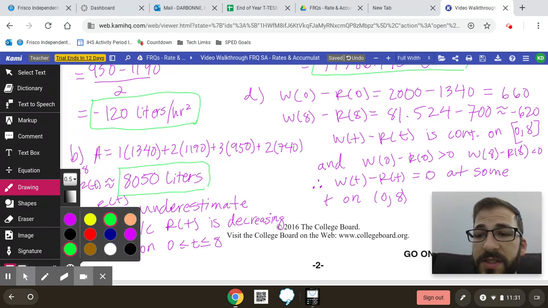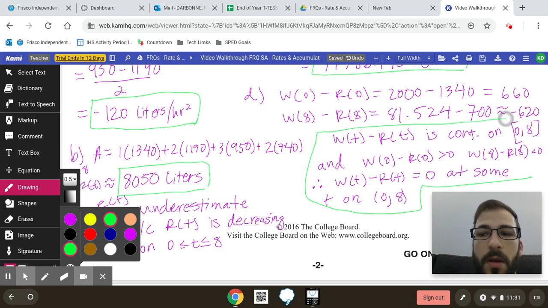Hey, and that's basically just quoting IVT to a T. Nice short little sum up sentence.